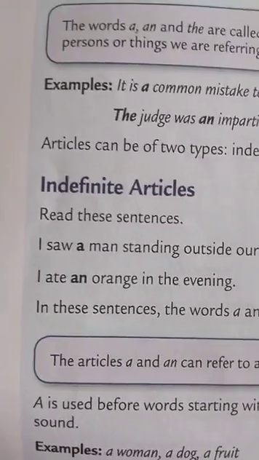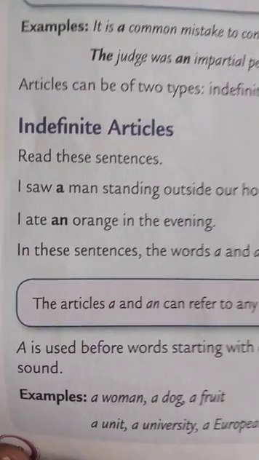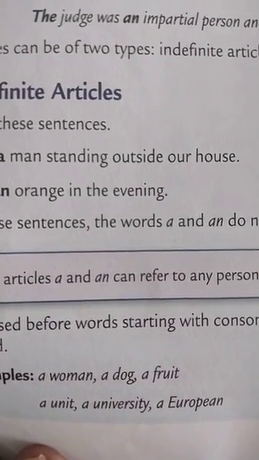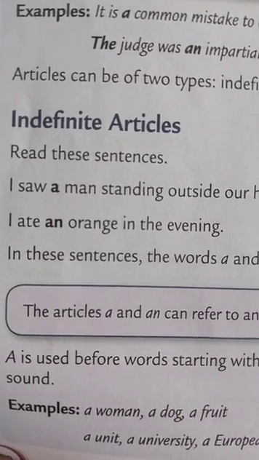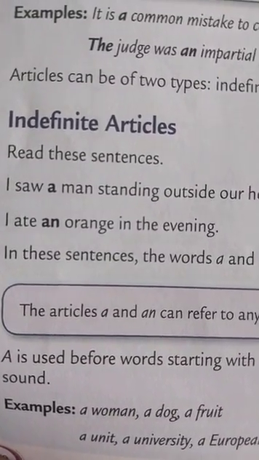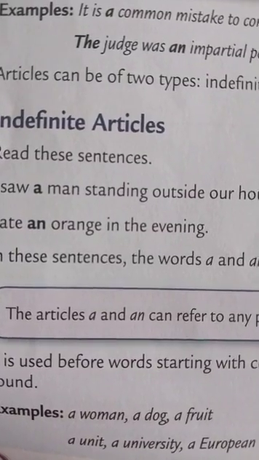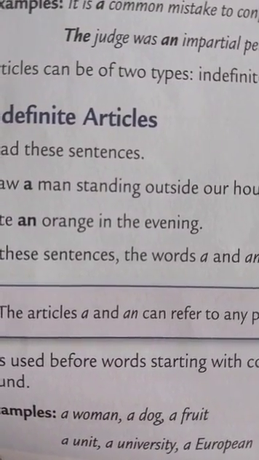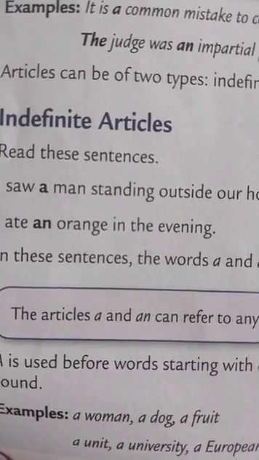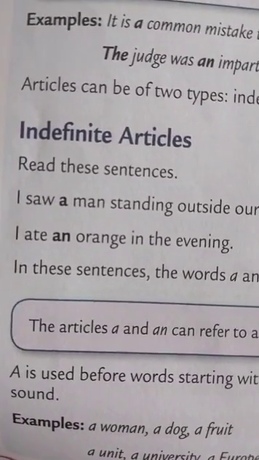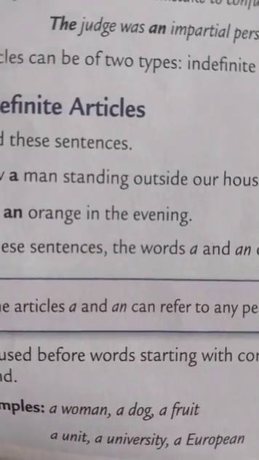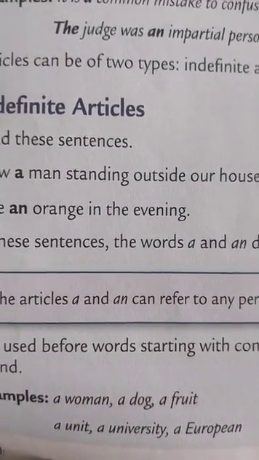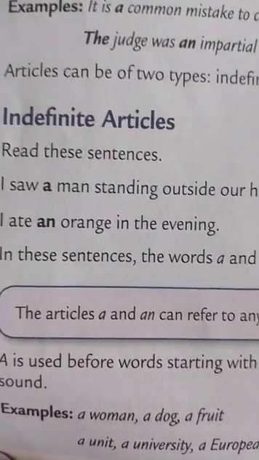Okay, now where do we use article a, children? We use article a with the words which are beginning with a consonant. So we use article a before the words which begin with a consonant sound, and before vowels which have a consonant sound.